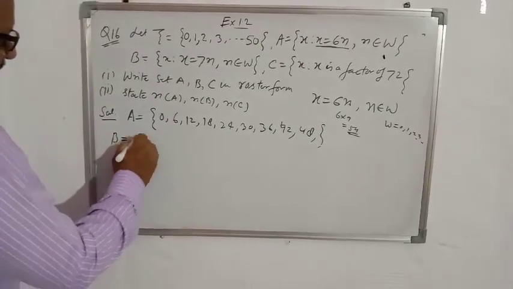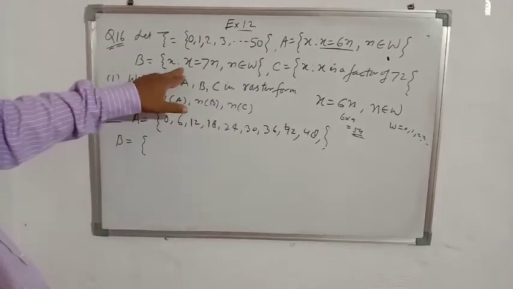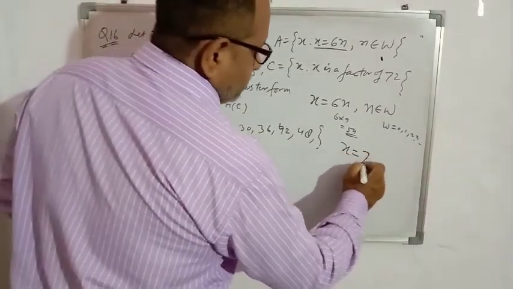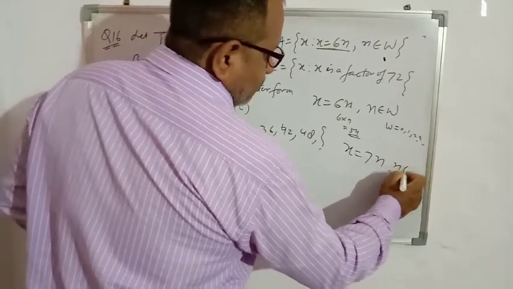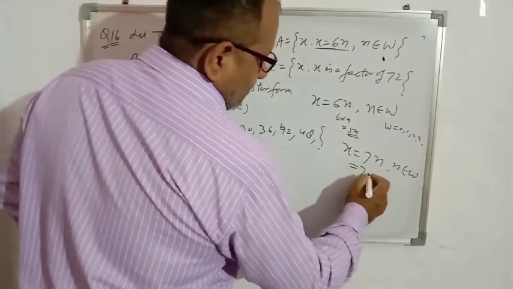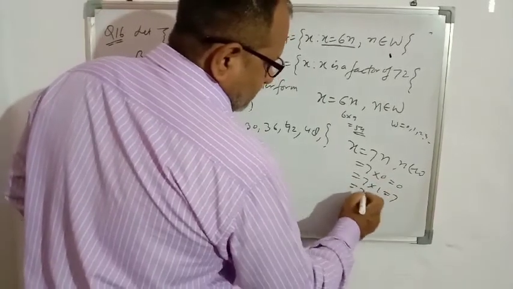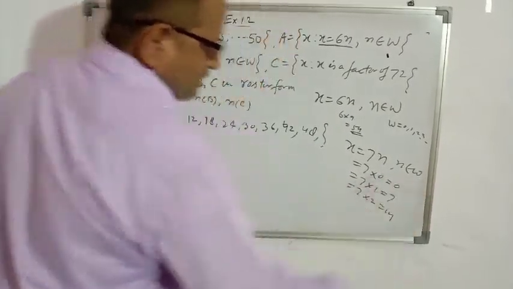Now set B. Set B is what? x such that x is equal to 7n. Again n is a whole number. So firstly put 7 into 0, 0, 7 into 1, 7, 7 into 2, 14, like this.